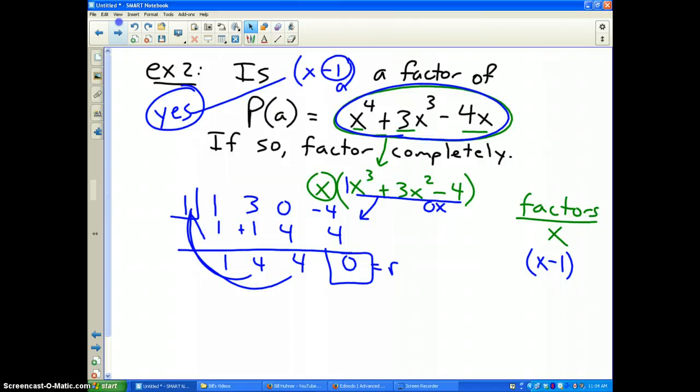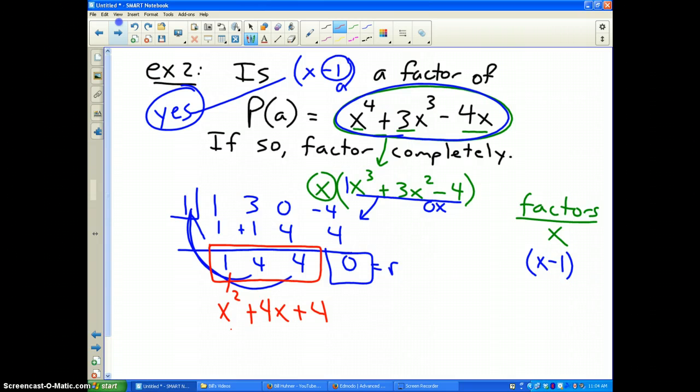Well, I have to keep going because I still have a quadratic left, in the red box. That is x squared plus 4x plus 4. Again, upon close inspection from your lessons on quadratic equations, this is x and x, and the plus signs mean that these signs are the same, and it's going to be 2 and 2 because my insides become positive 2x and my outsides are positive 2x, which makes my middle.